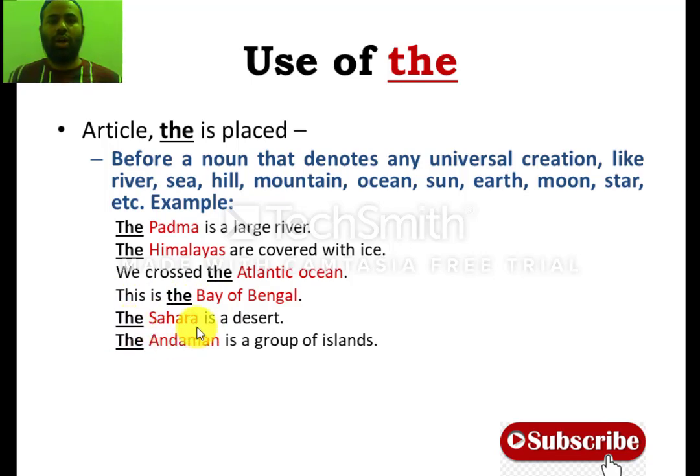The Sahara is a desert. The Andaman is a group of islands. Here you're watching the red color words. All the words are universal creation by the creator. That is why you have to use article the here.